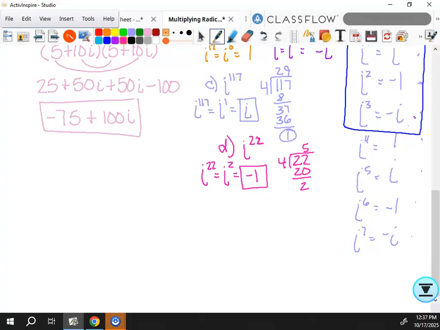I got negative 1. Did you get negative 1? Okay. Questions? You just have 4 possible answers. You divide by 4 every time. Get that little pattern written down for yourself, and you can figure them out. Okay? Questions? Anything? Awesome.